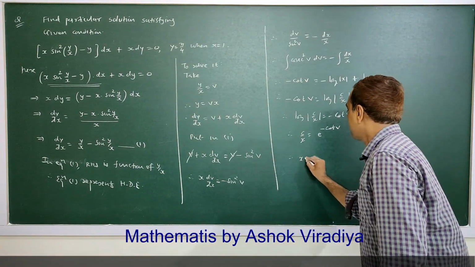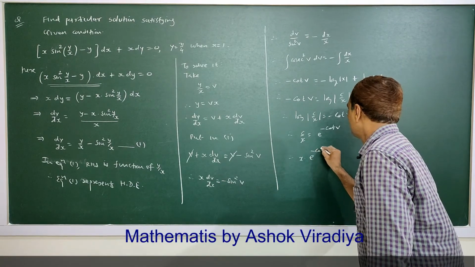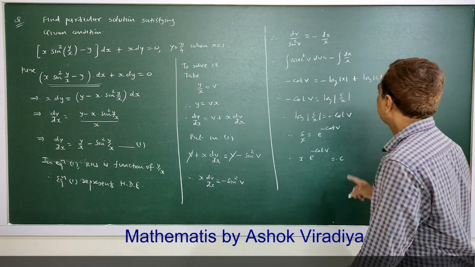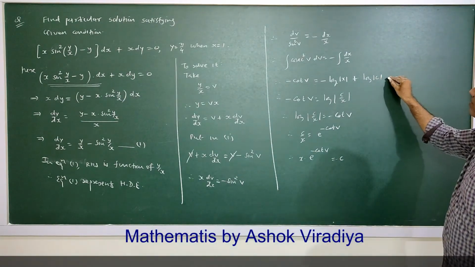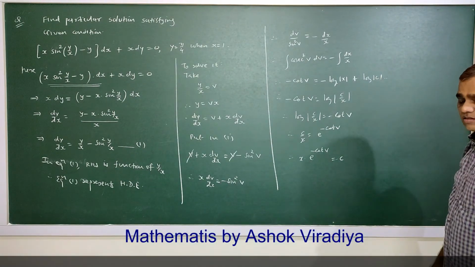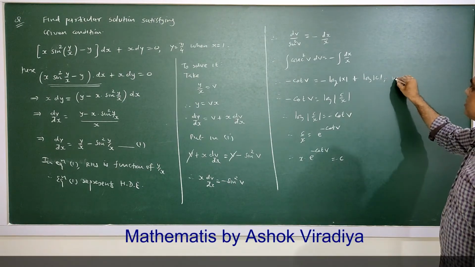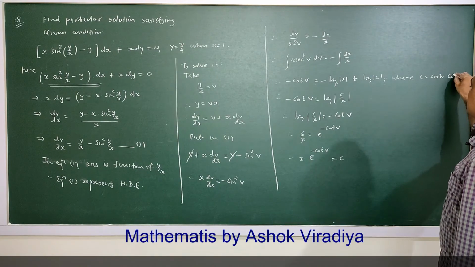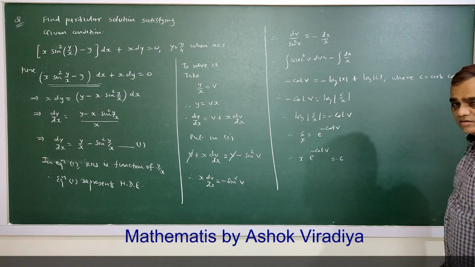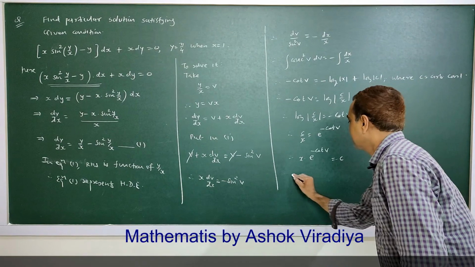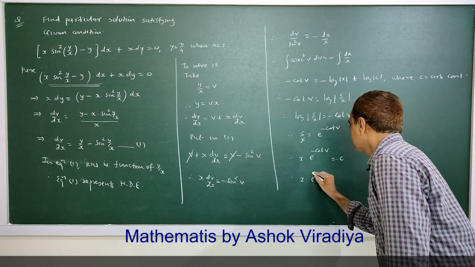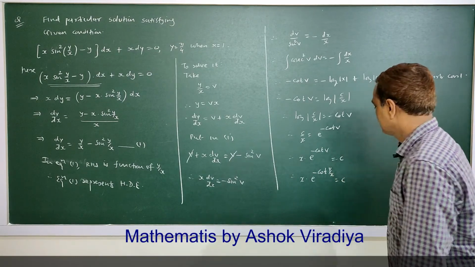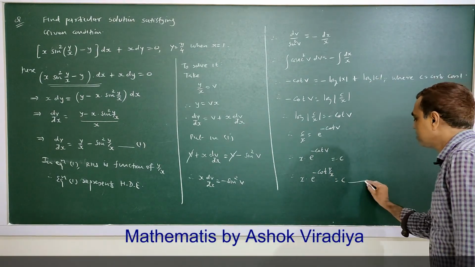Therefore x into e raised to minus cot v equal to c, where c is arbitrary constant. Now putting value of v is y by x. This is general solution.